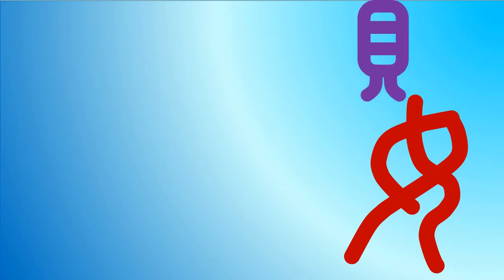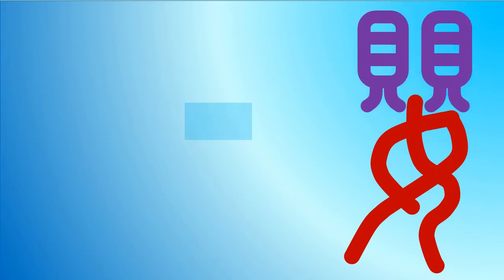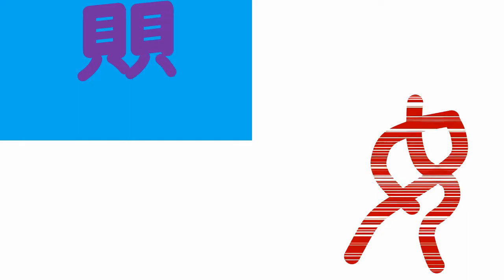Alone, this character isn't very useful, so we'll go on to other characters which combine with it. Our second character is 2 shells strung together in a necklace around a woman's neck. Pronounced first tone, ying, ying.